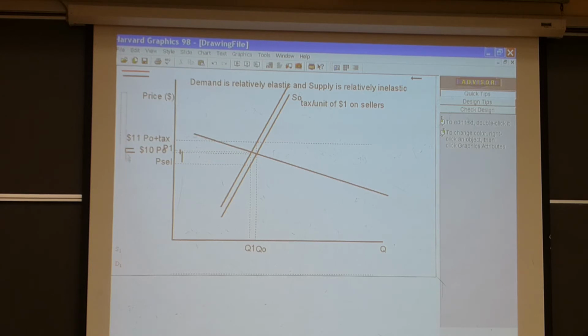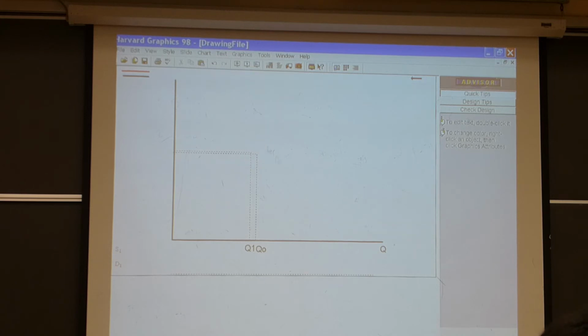A subsidy is the opposite of a tax. Subsidy is if instead of shifting supply up by $1, we're going to shift it down by $1. Everybody? So watch.